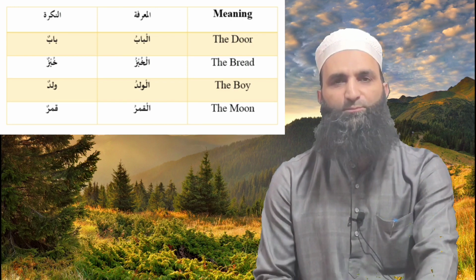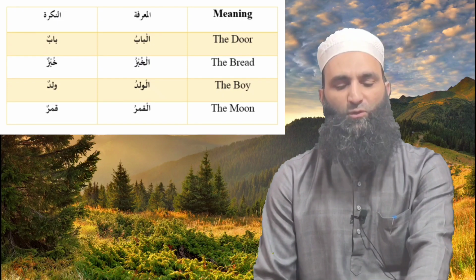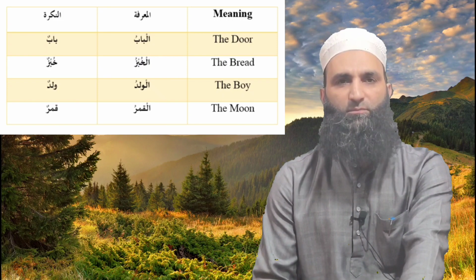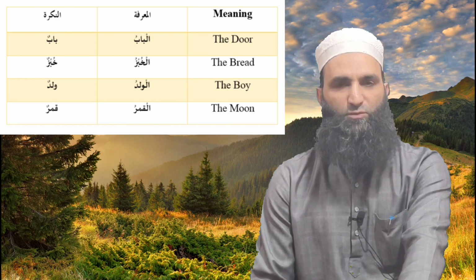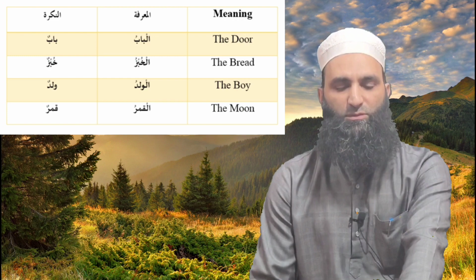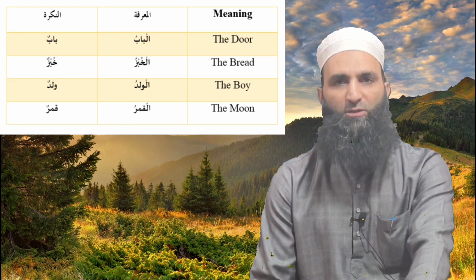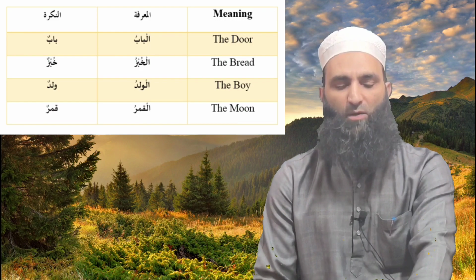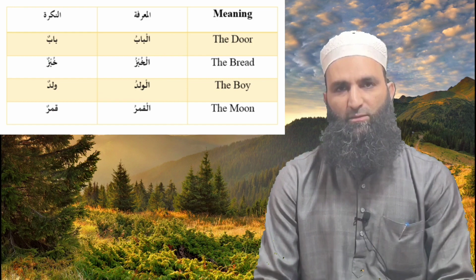When we prefix alif lam, the definite article, to them, you can see that lam is always pronounced. So we say al-babu, al-khubzu, al-waladu and al-qamaru. Both sets of these letters are given in 2 tables which you can see on the screen.